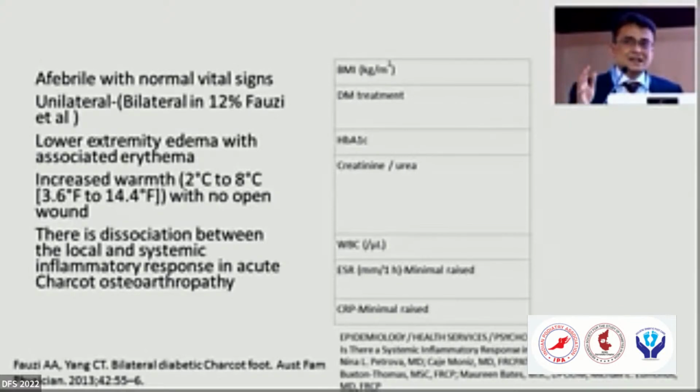And normally it takes about 10 years in a patient with NIDDM, non-insulin-dependent diabetes, to develop a diabetic Charcot. And for the diabetic Charcot with ulceration, it takes about 14 years. This is an average, from the publications so far. The blood urea and serum creatinine may be normal, may not be normal, depending upon the nephropathy. But what's rather interesting is the inflammatory markers in terms of WBC, ESR, and CRP will be relatively normal and stable in these patients.